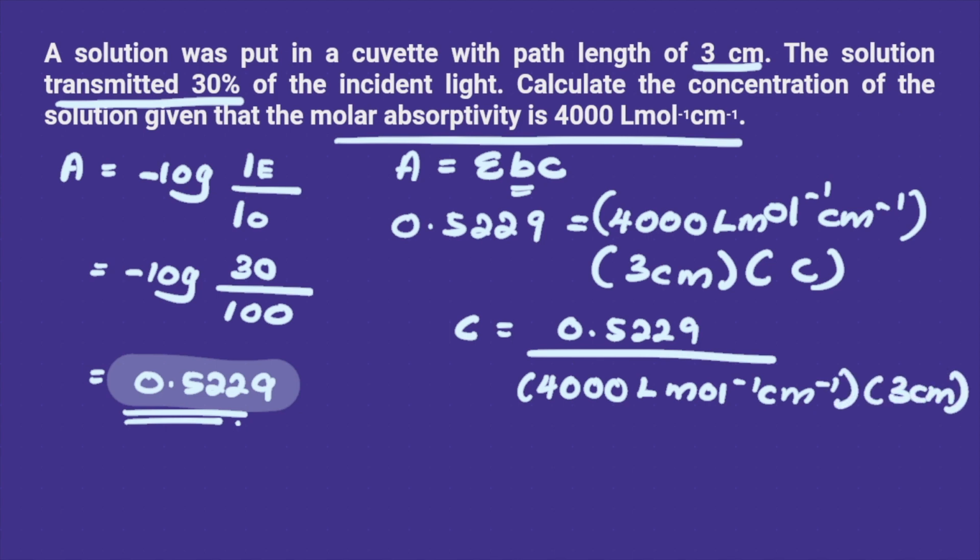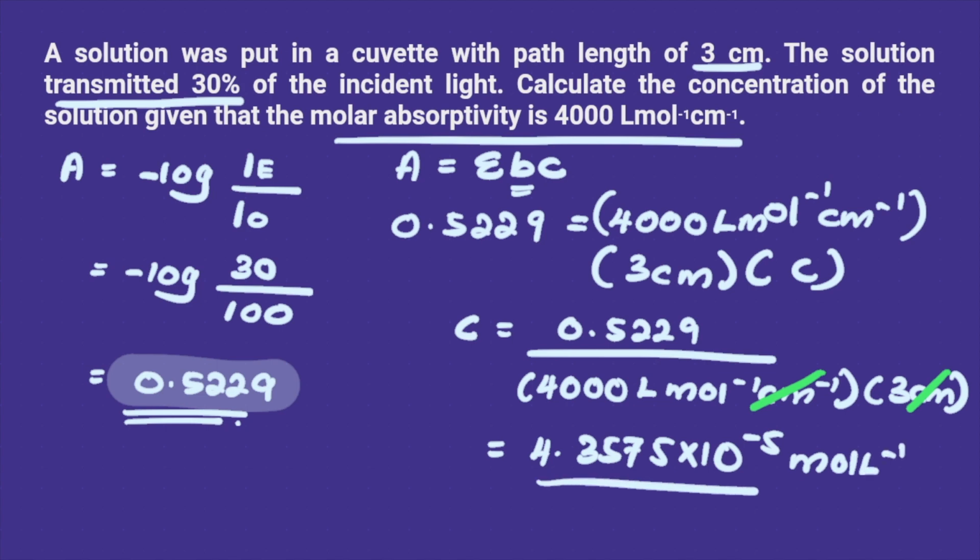So basically here, this one you can slash out. So your concentration will be equivalent to 4.3575 times 10 to the power of negative 5 mole per liter. So this is the final answer for the third question.